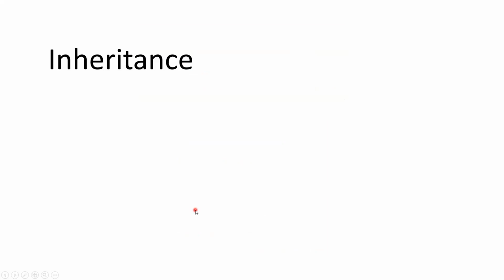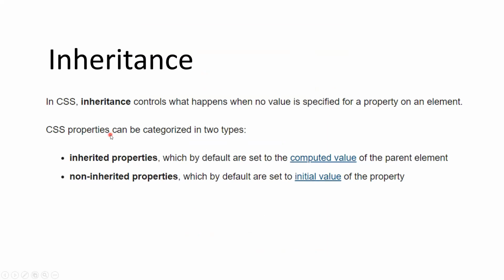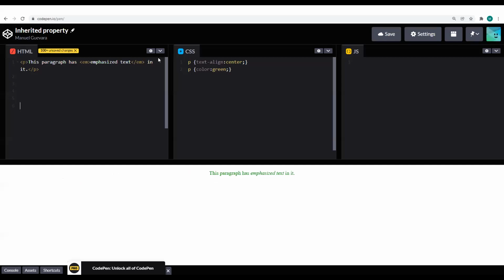Okay. So for inheritance in CSS, inheritance controls what happens when no value is specified for a property on an element. CSS properties can be categorized into two types: inherited properties and non-inherited properties. I will explain both of them with examples from CodePen. For example, for the inherited property, here we have this paragraph.